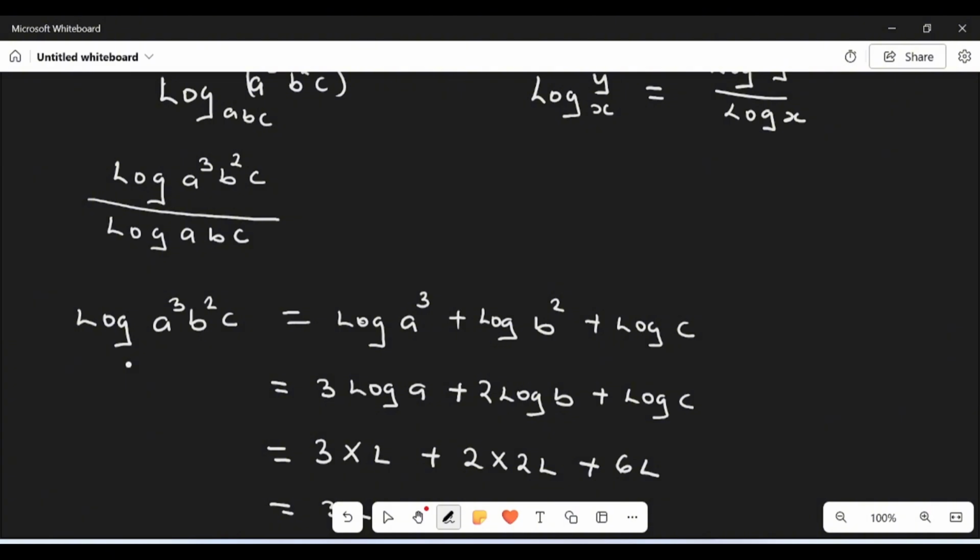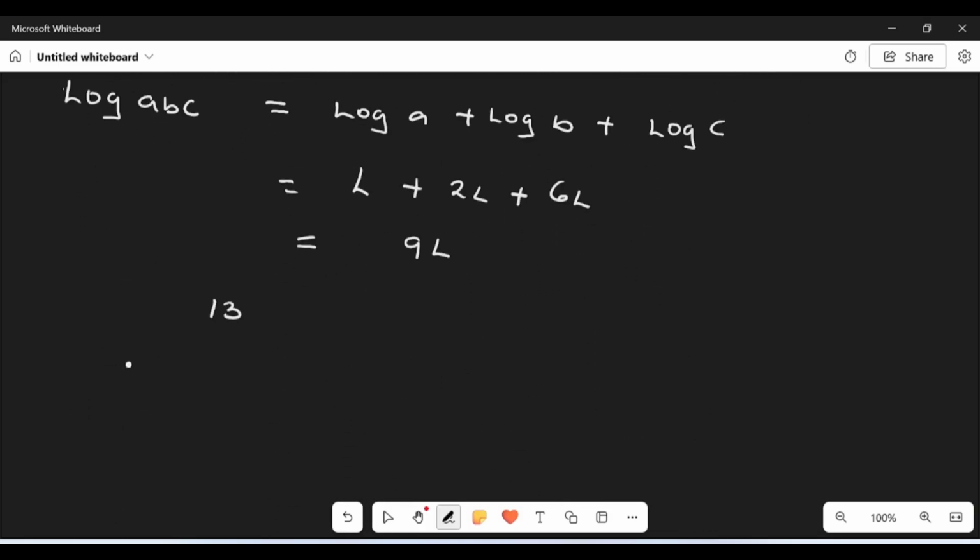So let us substitute 13L for the numerator and 9L for the denominator. So it's going to be 13L over 9L, which will give us 13 over 9.